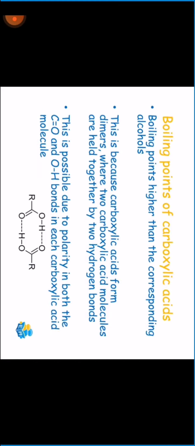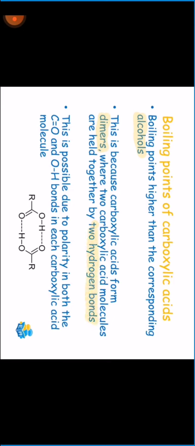So if we look at boiling points, carboxylic acids have higher boiling points than corresponding alcohols. And this is because carboxylic acids can form something called dimers. And dimers are where two carboxylic acid molecules are held together by two hydrogen bonds.